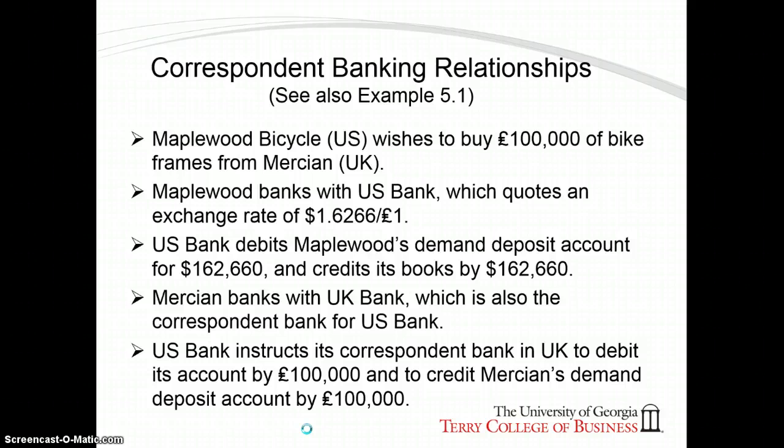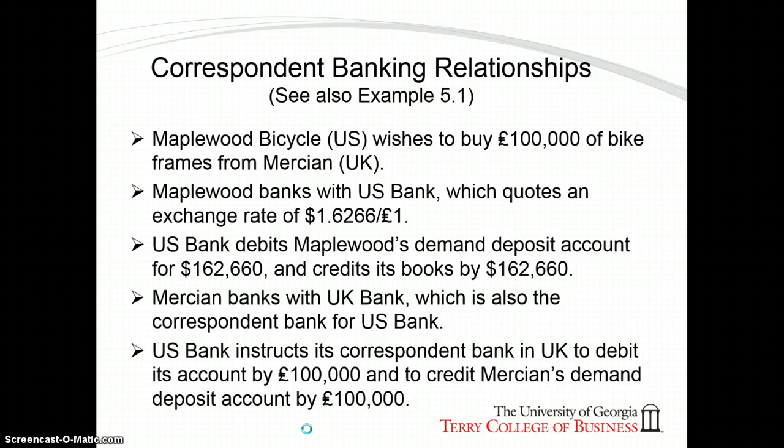Note that this exchange rate implies that Maplewood's payment of 100,000 pounds will cost it $162,660. To facilitate making the payment, US Bank will debit Maplewood's account for $162,660 and then credit its own books for this same amount.